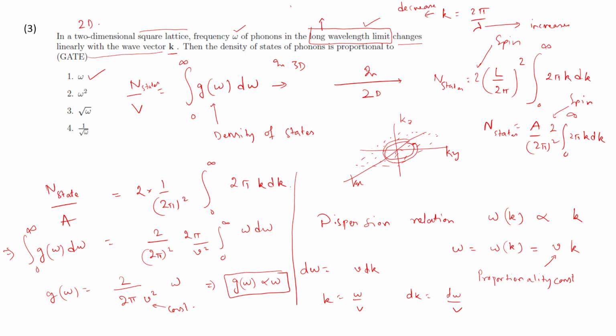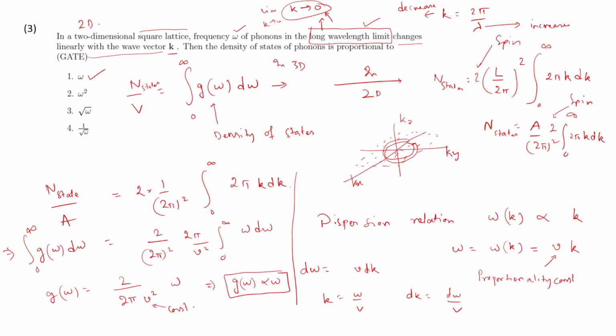Here we didn't have to use this information, but it is important, because in some questions you have to put k equal to 0. So long wavelength limit means k tends to 0, or alternatively lambda tends to infinity.